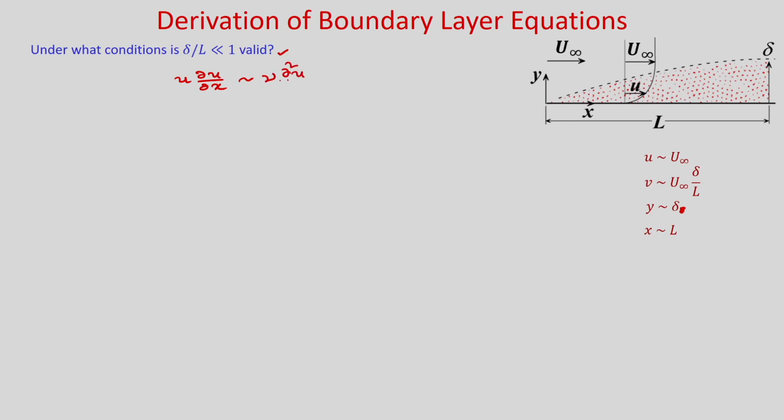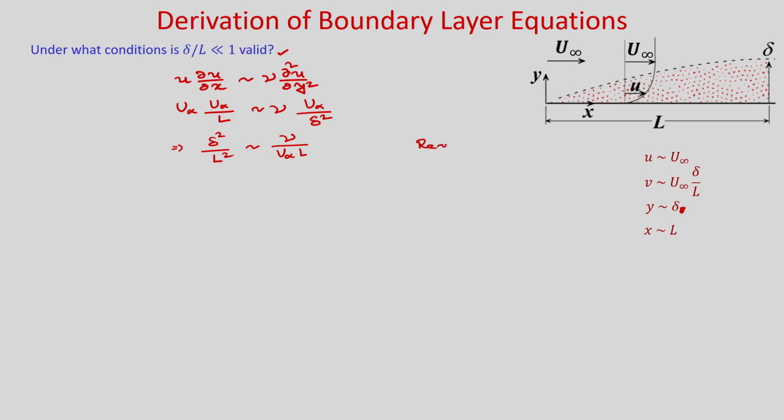What is the scale? u is u infinity, x is L, and the viscous term scales as nu u infinity by delta square. If you divide both sides by L, you will get nu by u infinity L.